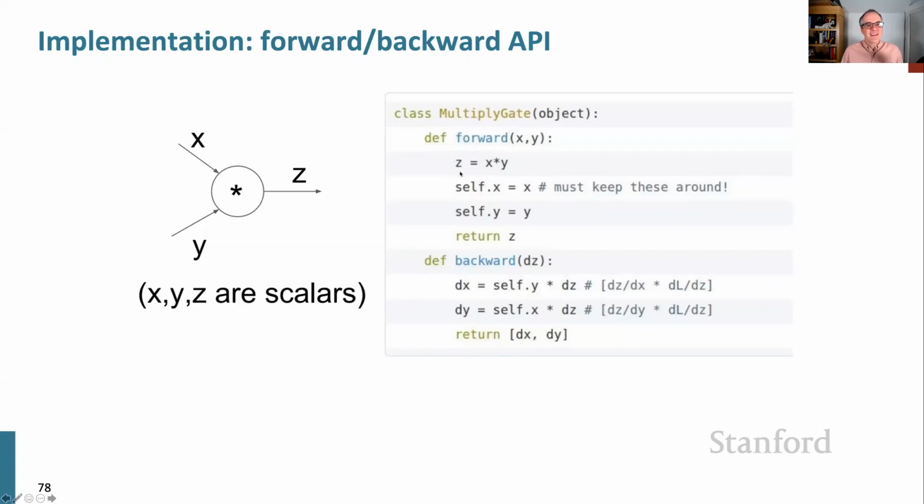So as well as computing z equals x times y, I'm going to remember what x and y were, so that when I'm asked to compute the backward pass, I'm going to have implemented here what we saw earlier, that when it's xy, you swap the y and the x to work out the local gradients. And then I'm going to multiply those by the upstream gradient, and I'm going to return, I've just written it here as a little list, but really it's going to be a NumPy vector of the gradients.